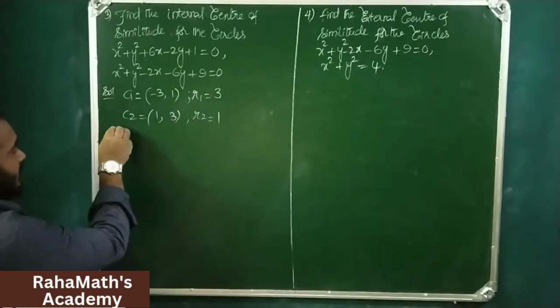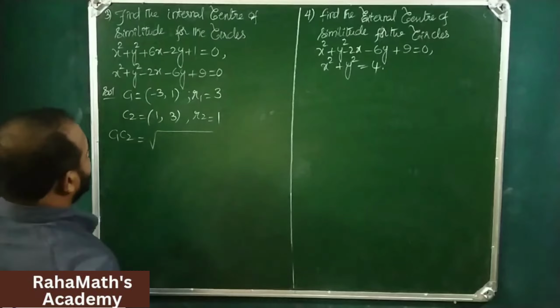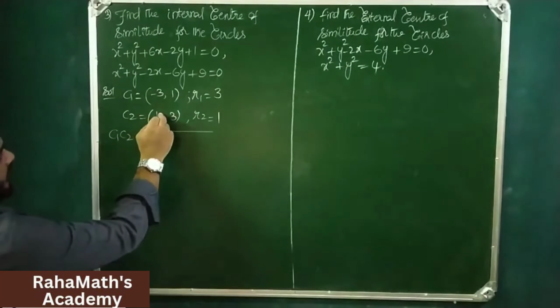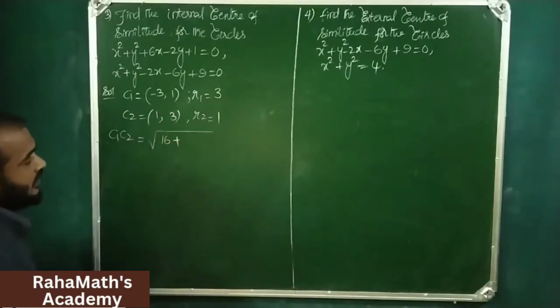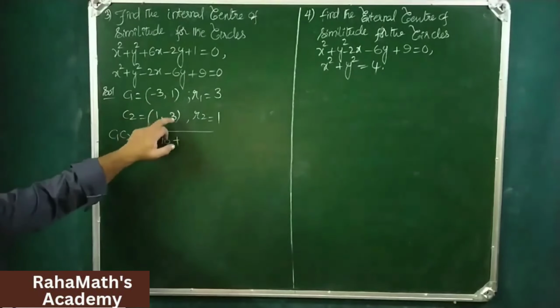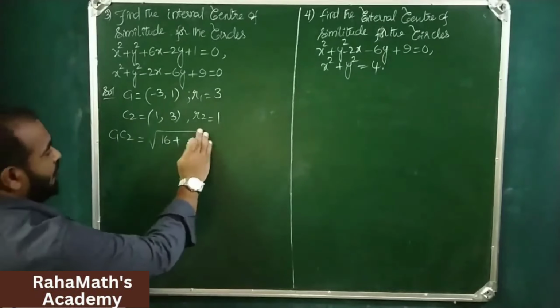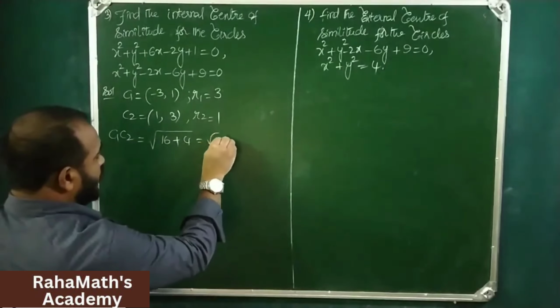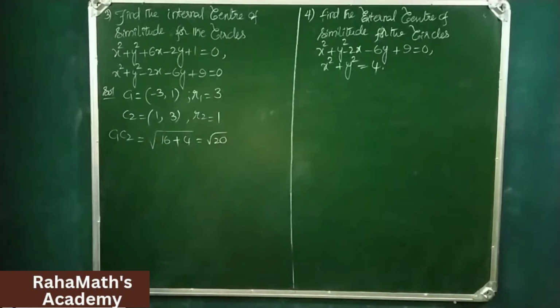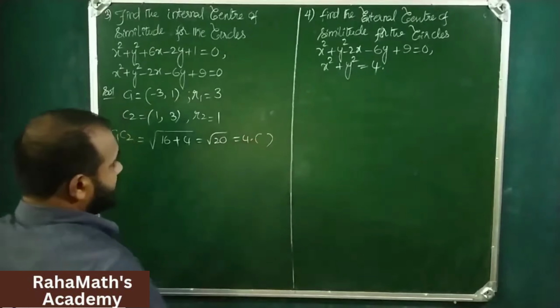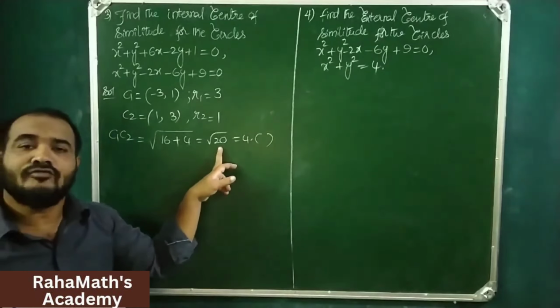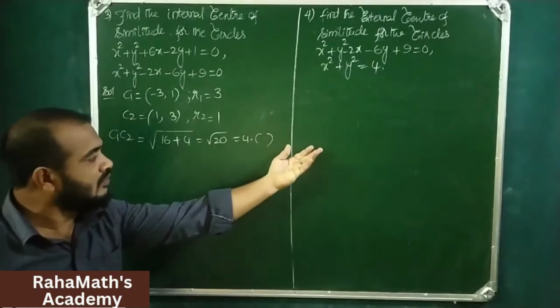Now C1C2 is equal to the square root of (-3 minus 1) whole square, which is 16, plus (1 minus 3) whole square, that is 4. This is root 20. So now C1C2 is 4 point something, because root 16 is 4, root 20 is something more than 4.